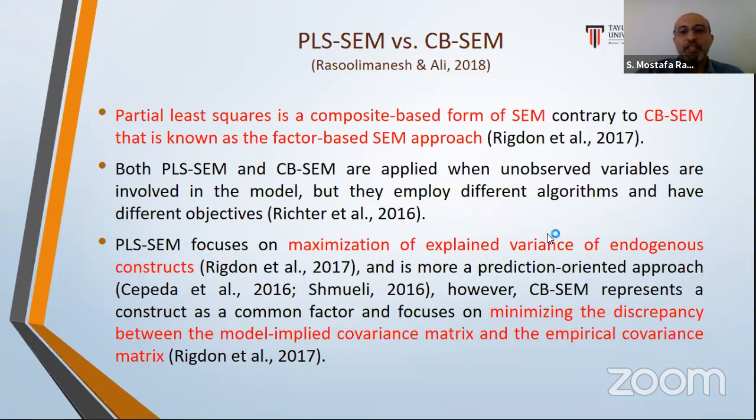But the objective of PLS-SEM is maximizing the explained variance of endogenous constructs. So it's not about minimizing the difference between covariance matrices. Goodness of fit in most situations for application of PLS-SEM is not necessary and somewhat less useful.